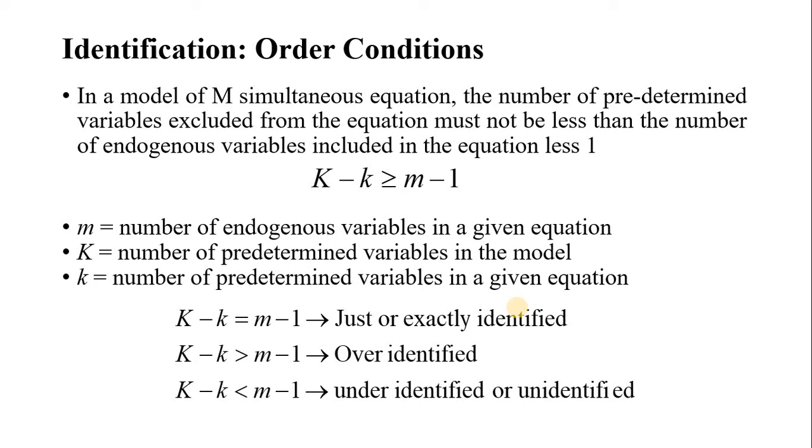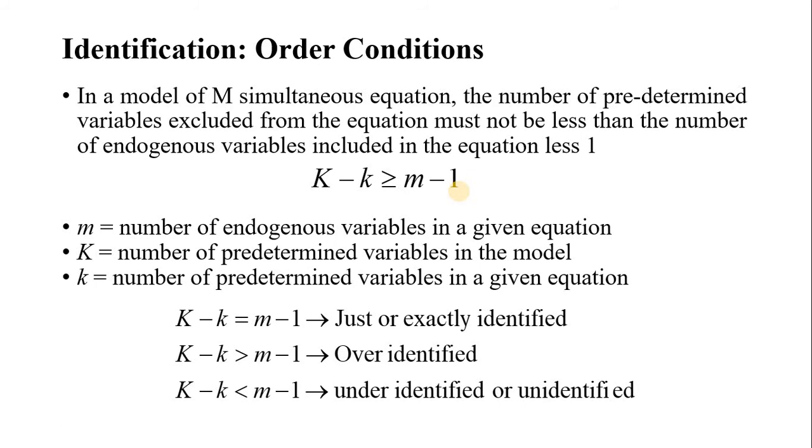it will be an exactly identified equation. If K minus k is greater than m minus 1, it is over identified. So this greater than or equal to denotes the equation is exactly identified or over identified.